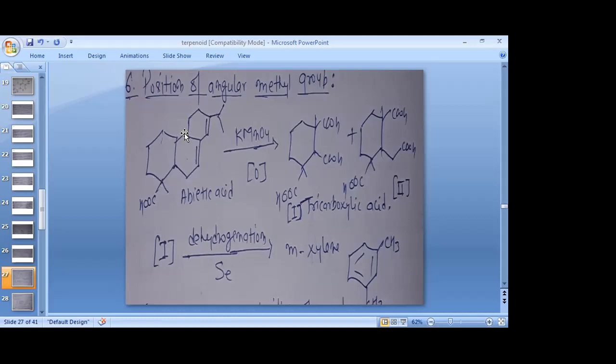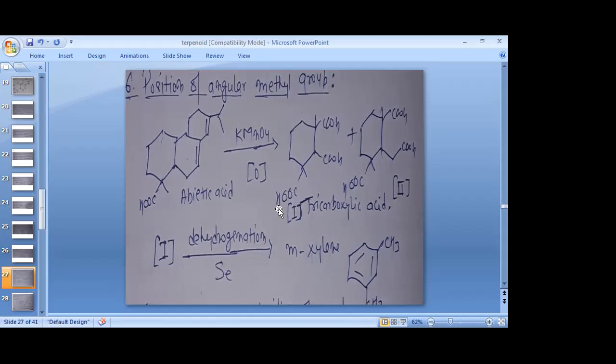Just this carbon is oxidized into COOH and this carbon is oxidized into COOH, and then they finally convert into tricarboxylic acid. So compound 1 and compound 2 give information about the presence of the angular methyl group at the 10th position.